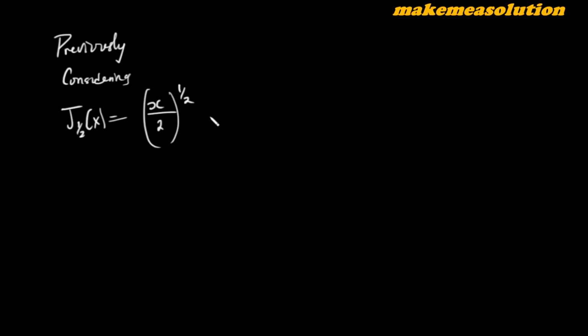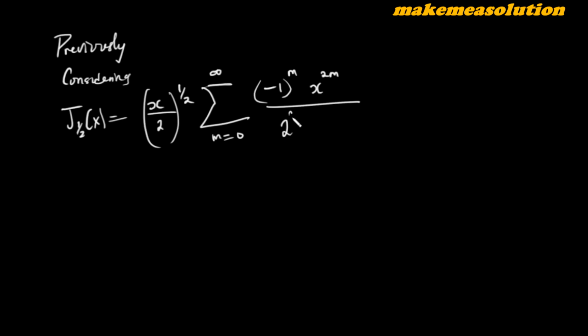If you can remember the formula, you then have the sum from m equal to 0 to infinity of minus 1 to the m, x to the 2m divided by 2 to the 2m, m factorial, and gamma of m plus 3 over 2.